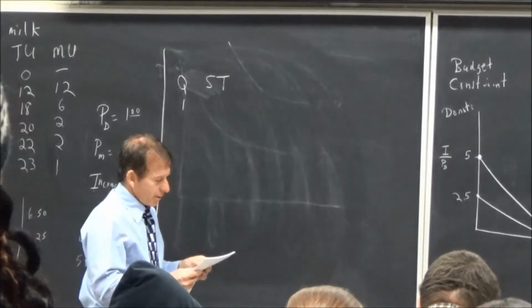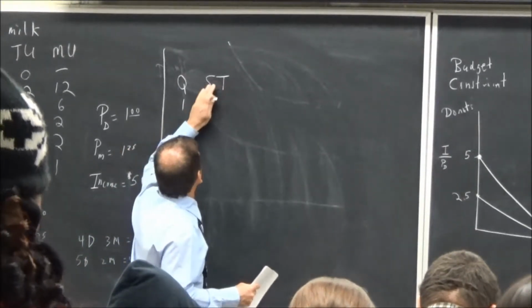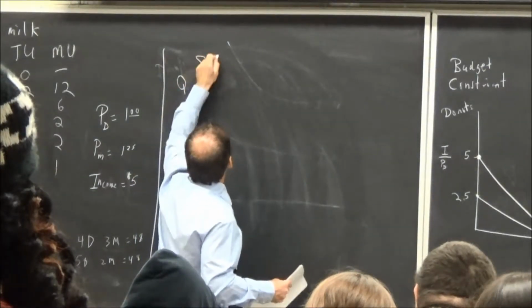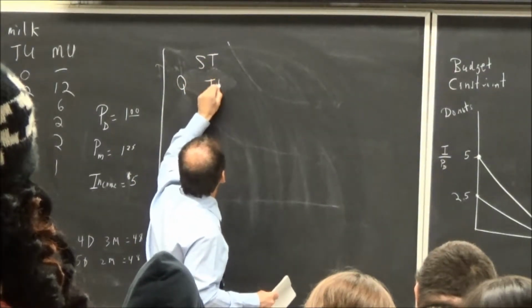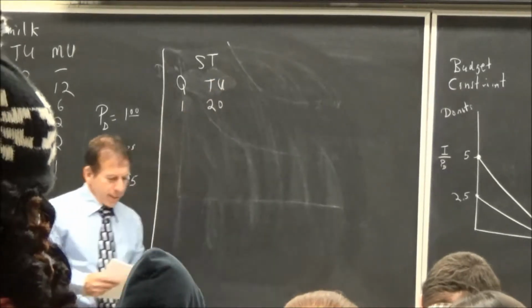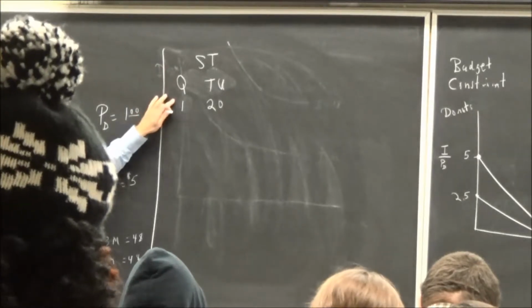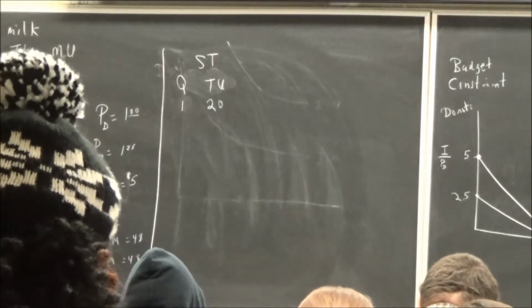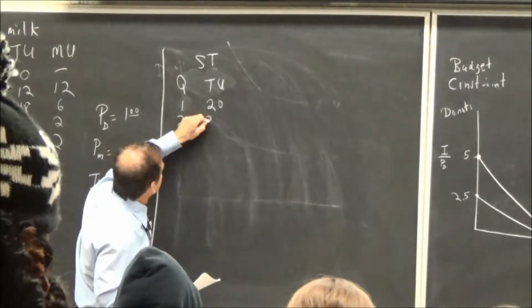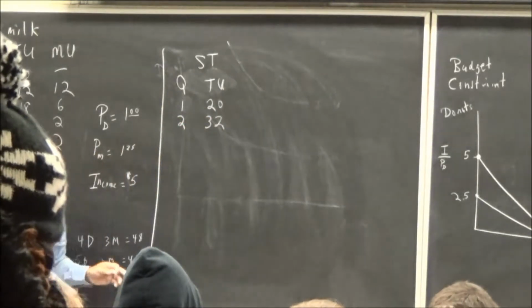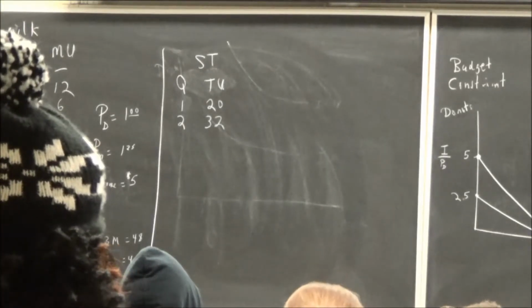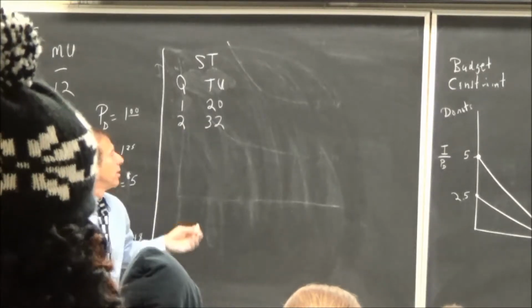His total utility is going to be 20. So at 1, he gets 20. For sweet tea, quantity of 1, Jack gets 20 units of utility. His second sweet tea, number 2, brings him 32 units of utility. Right now, you can see that that's very similar to what we were doing before. You can assume that 0 sweet teas are going to bring him 0 utility.